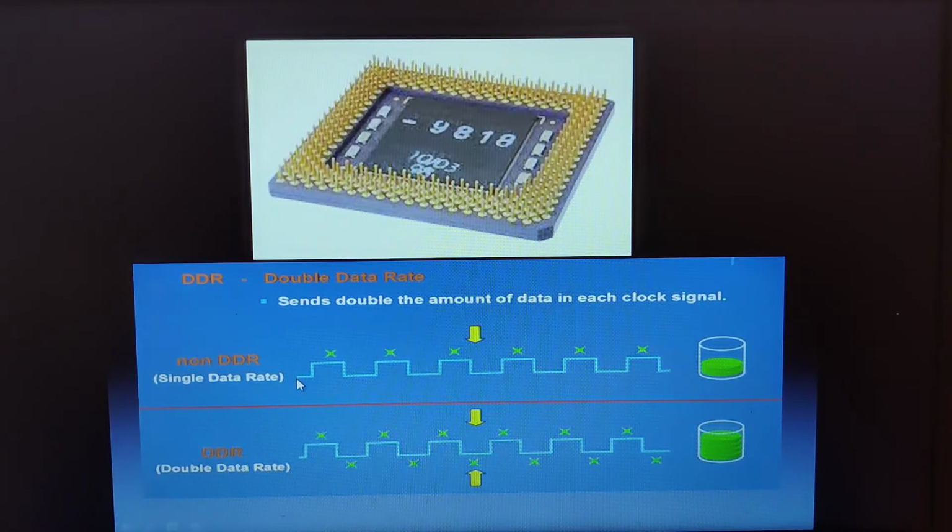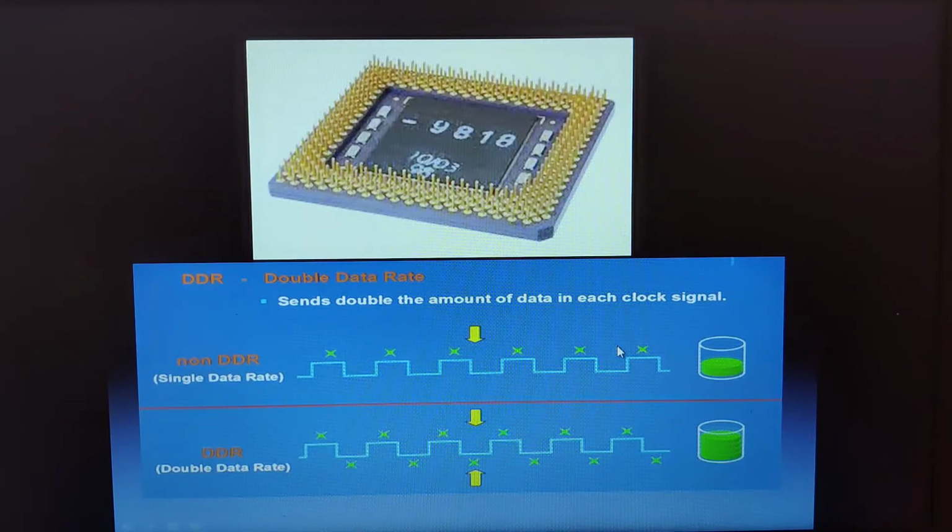Here, non-DDR transfers data at around a 32-bit rate, while double data rate transfers 64 bits at a time. It can transfer 64 bits of data to the CPU in each clock signal.